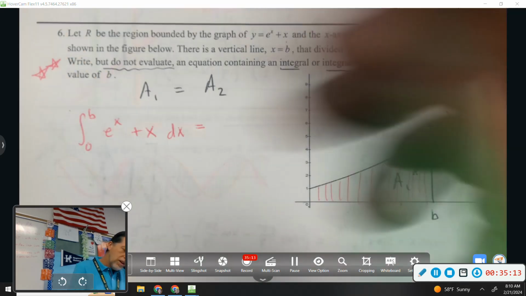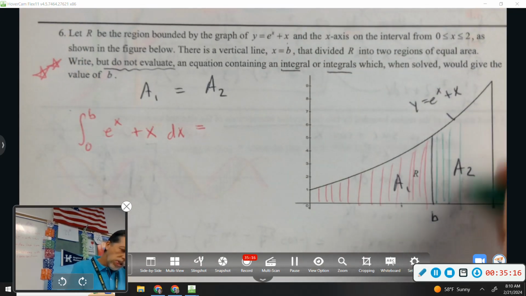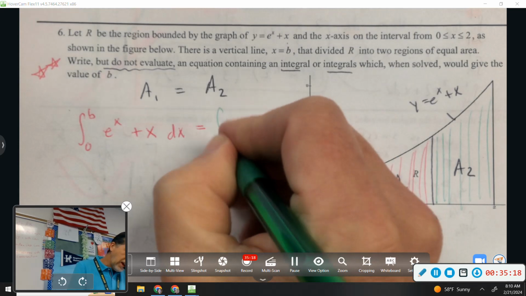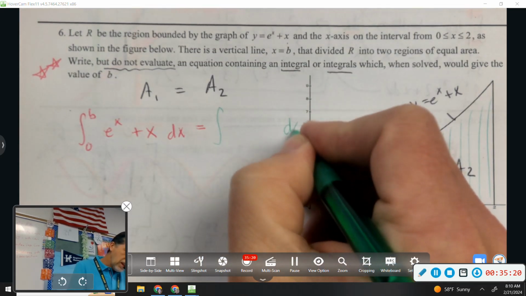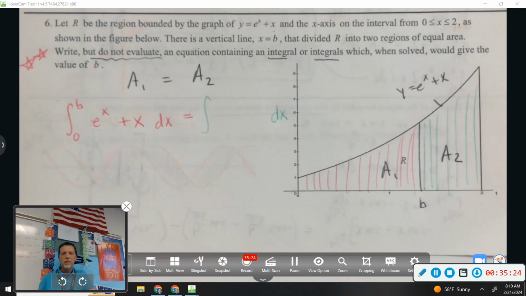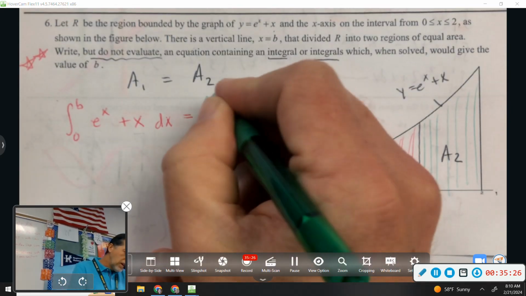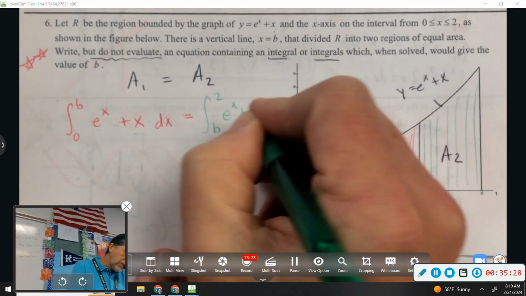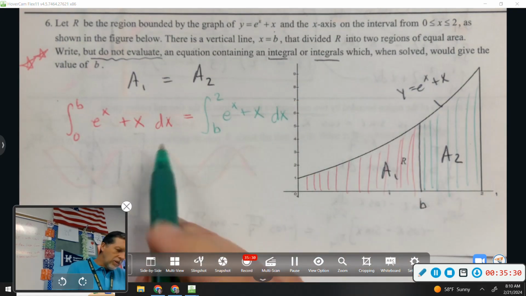A2, the other side. What are my limits for A2? b to 2, also of e to the x plus x. And so I think that's it.